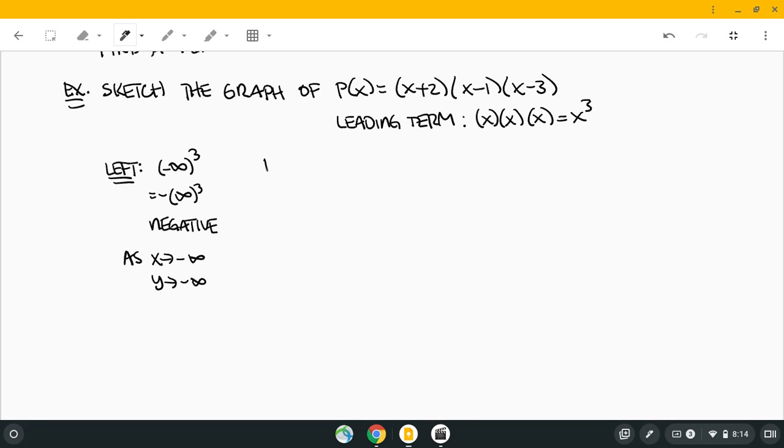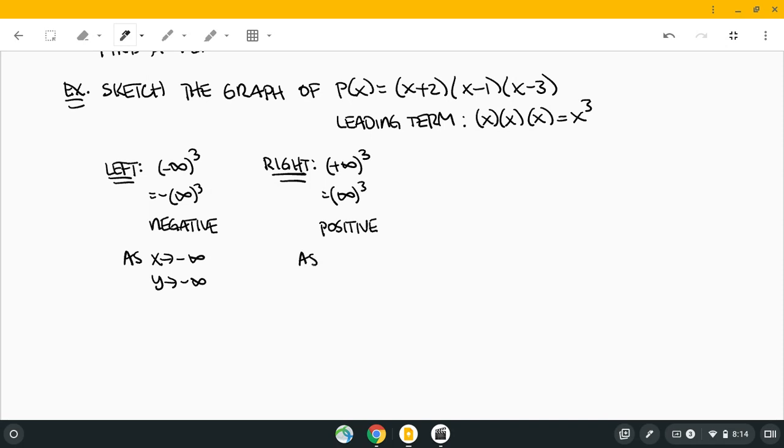All right, the right-hand side, x goes towards positive infinity, so I will plug in positive infinity. Positive to the third power is positive, and then we just get infinity to the third power, which is very positive.